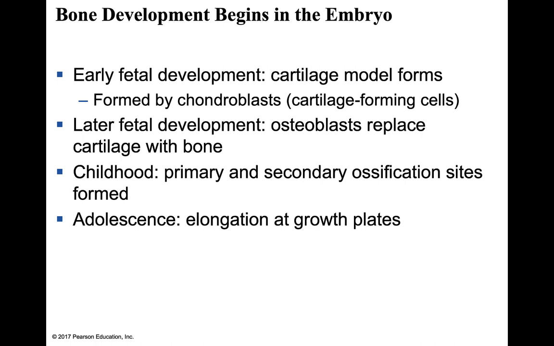Now, during childhood, what we're going to see are primary and secondary ossification sites, and this goes into how bone will actually become longer. And during adolescence, that elongation occurs at what's known as the growth plate, and we'll see that in just a second.